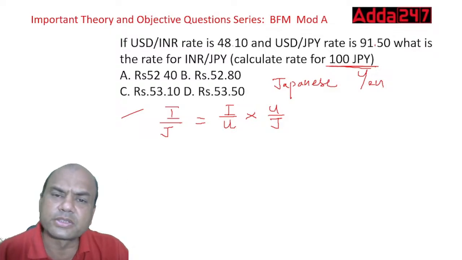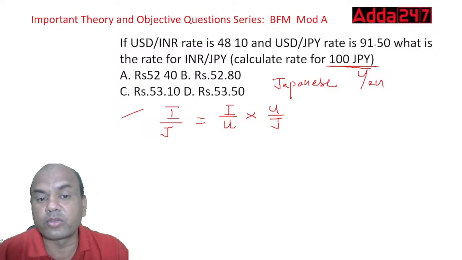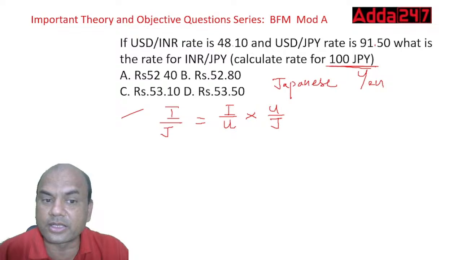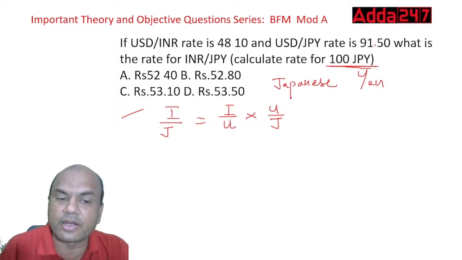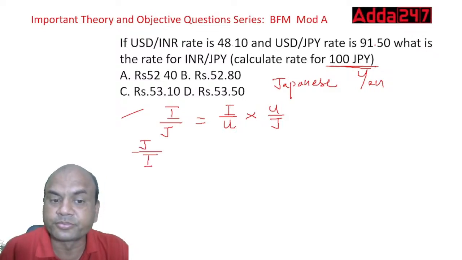So how will you do this? When I say INR to JPY, I want this rate, and JPY to INR. See here, it's actually the reverse one. Whenever we find this rate, we find it this way: JPY to INR, and then JPY to USD into USD to INR. This is what we find out always.